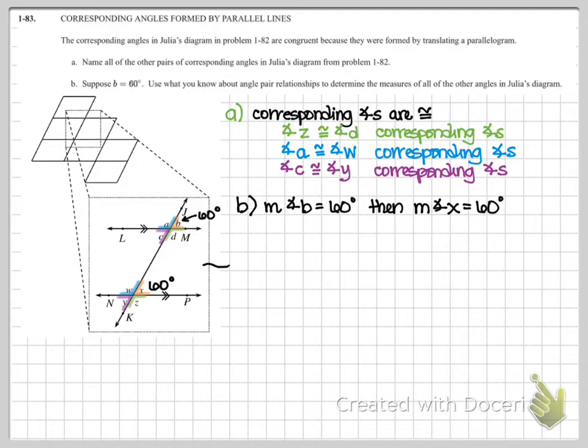Okay, let's see if we can focus on where B is located. So since B is located up here in the top, let's just see if we can focus on the top, and I'll put my 60 degrees actually in that corner. Okay, going back to what we know, a couple of things that we know from last year and actually from earlier this year and from last class period.